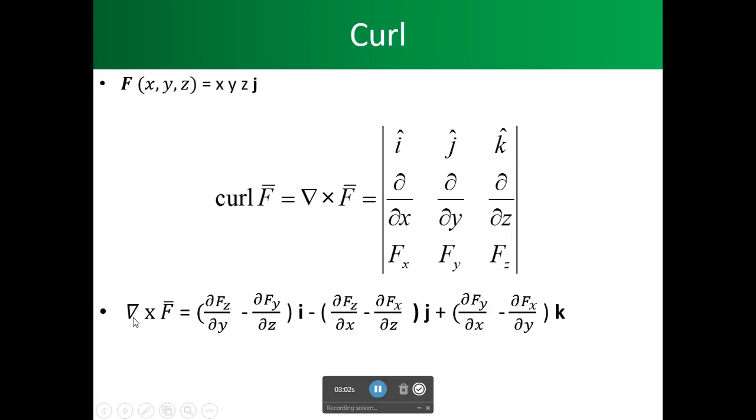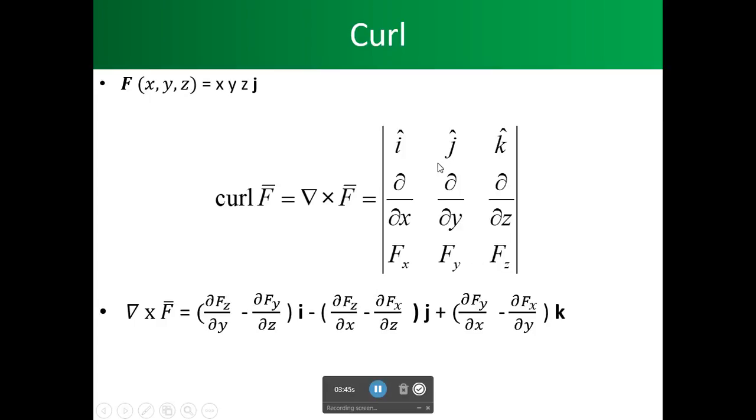Okay, so if we look here, when we do our cross product, we know if we're trying to find the i, we cover up the i, and then we just have our j and k. So we have the partial of the z component of f with respect to y, minus the partial of the y component of f with respect to z. That gives us our i component.